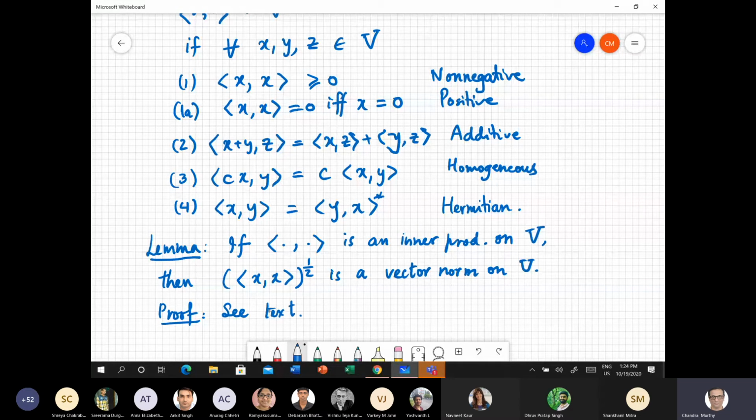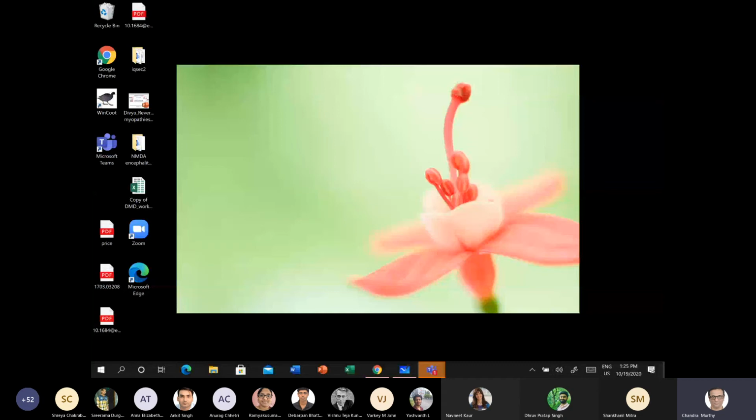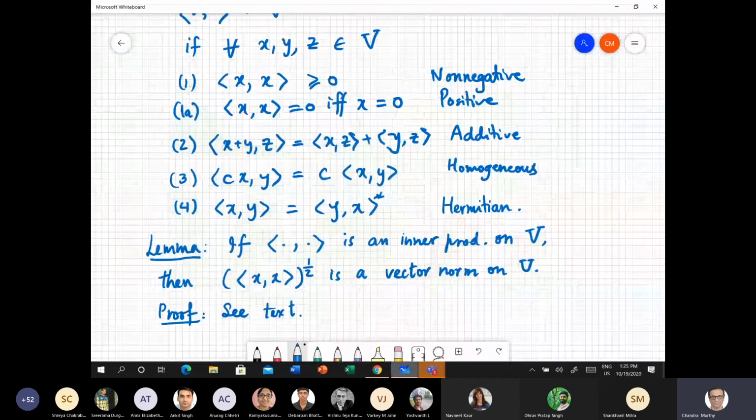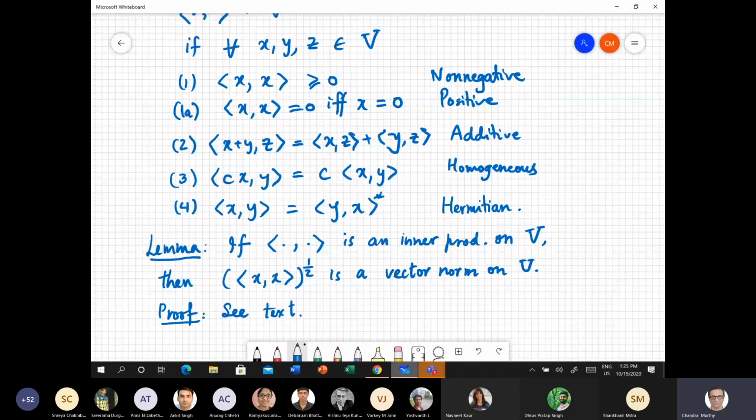The only idea that the proof uses is the Cauchy-Schwarz inequality, mainly to show that the triangle inequality holds. The other properties are trivial from the fact that this is an inner product. But you need to show the triangle inequality, for which you need the Cauchy-Schwarz inequality.